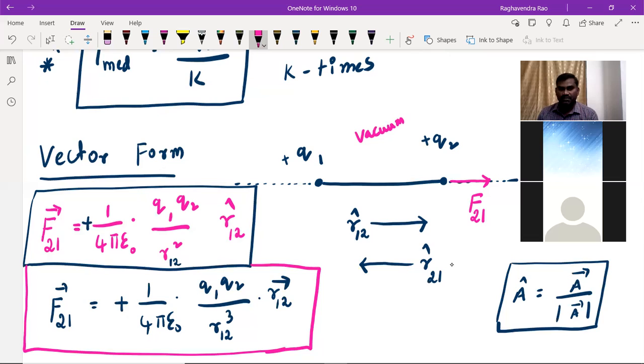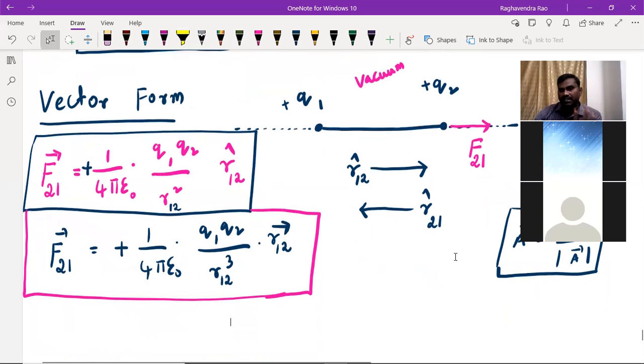Based on the vector form, we should identify the force expression. F21 bar is directed along the direction of R12 cap. If these two charges are like charges, plus q or minus q, like charges mean repulsive force. Repulsive force is positive.